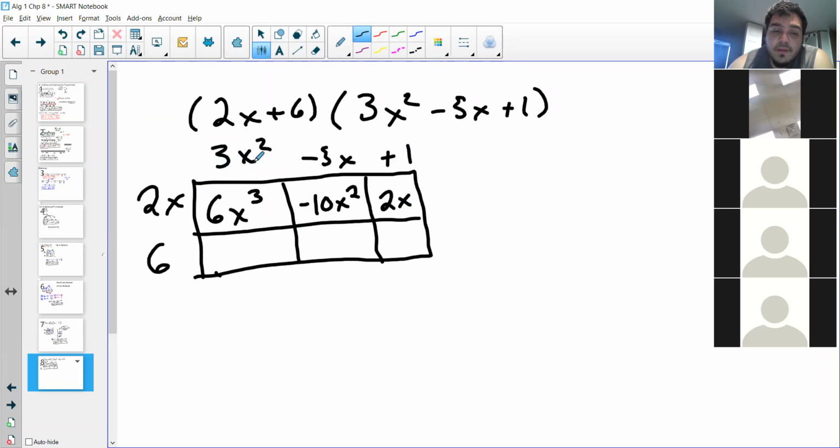Over here, 3x squared times 6. 3 times 6 is 18. No x, x squared, so it's just 18x squared. Negative 5x times 6, negative 30x. 1 times 6, no x, 1x in total. Last one, straightforward. 1 and 6, 6.